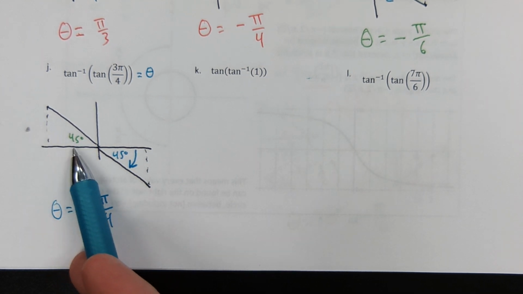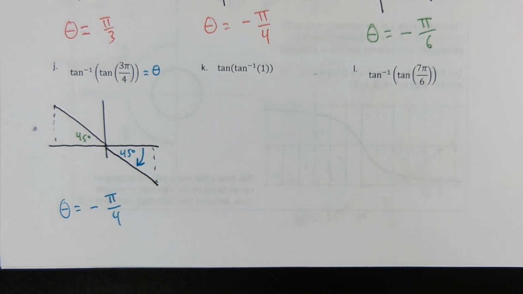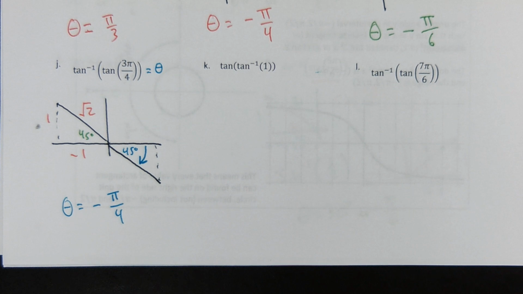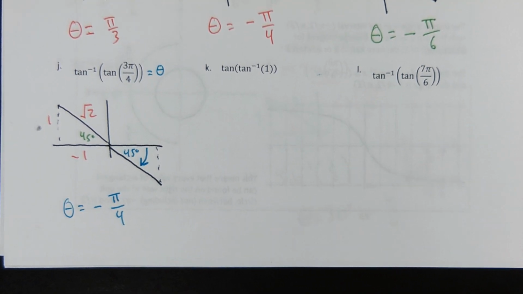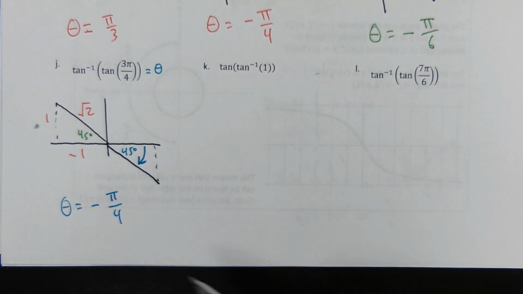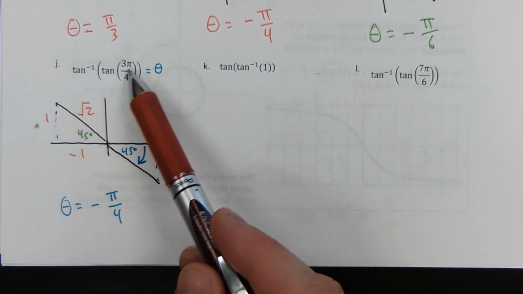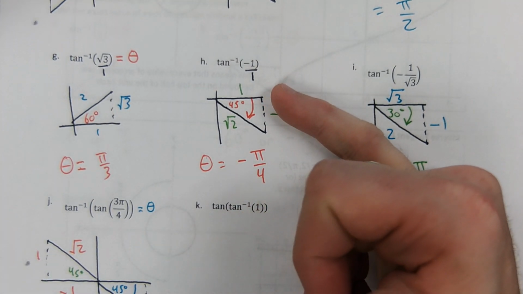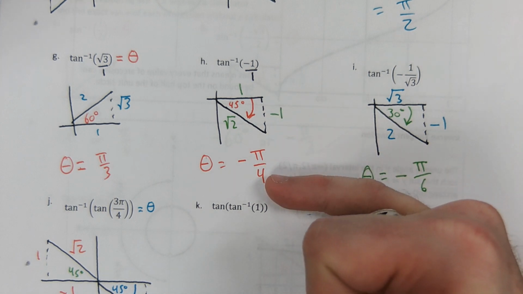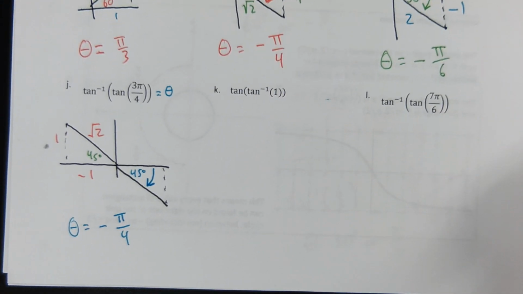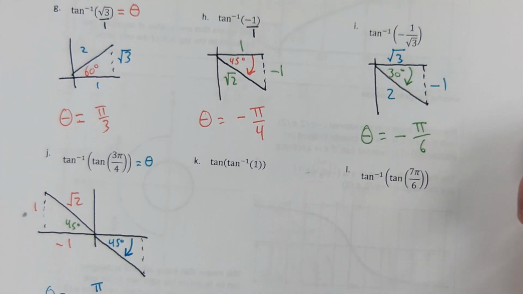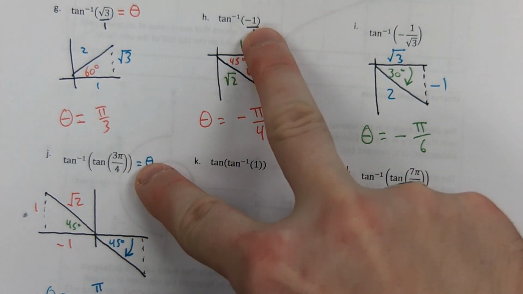So if we fill out the triangle, this would have been +1, this would have been -1. So tangent's -1 here. So this is basically the same thing as saying, what is tangent inverse of -1? Oh, wait a minute. We just did tangent inverse of -1. See? These two are the same question.